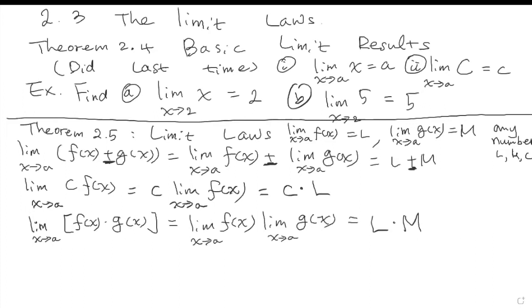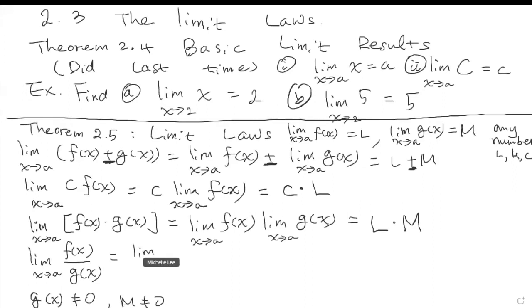And quotient, so g of x cannot be equal to 0, also M cannot be equal to 0. So we can split as well, numerator and denominator. Then we know that it's L over M. And there's two more.